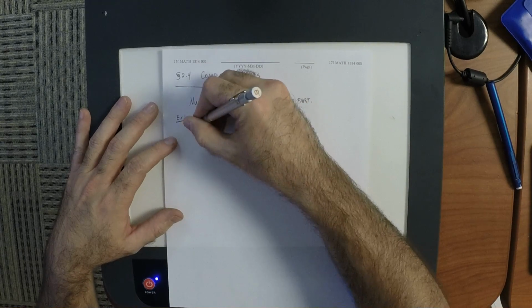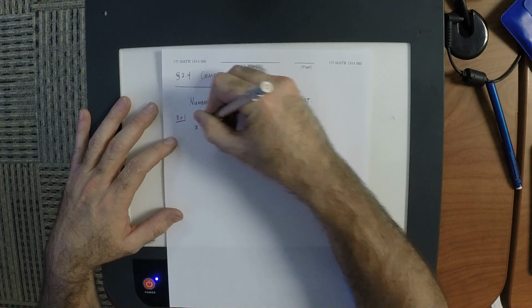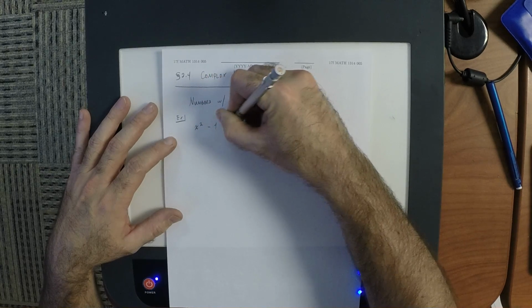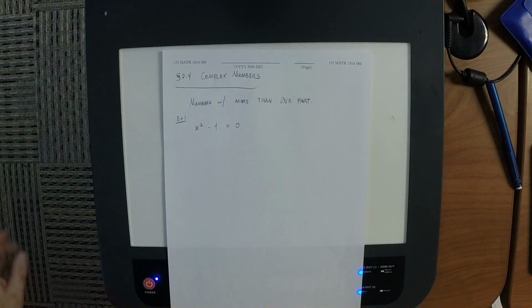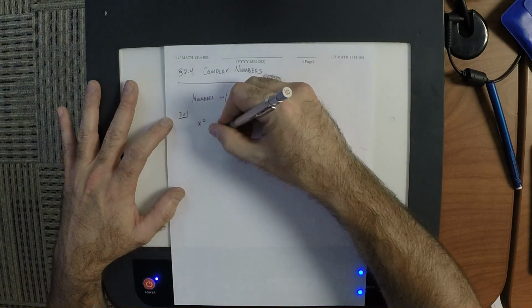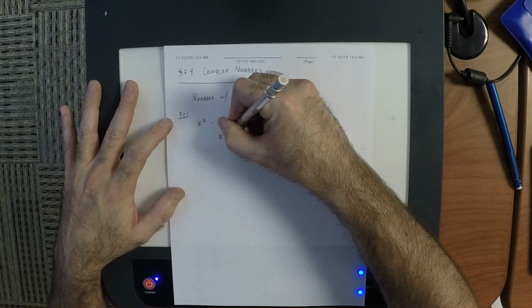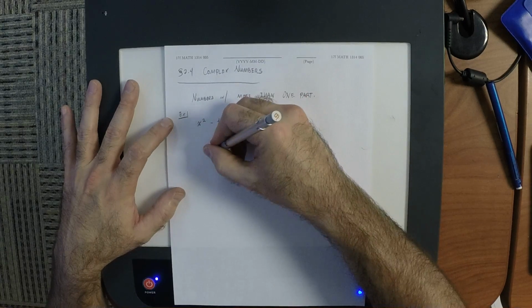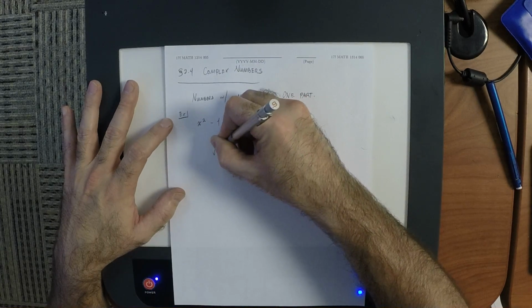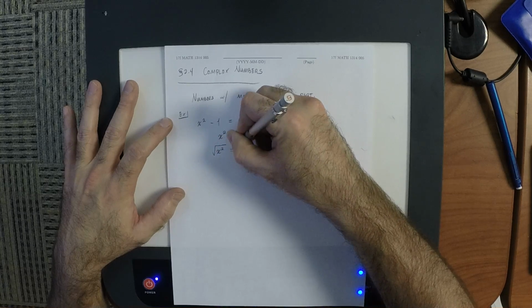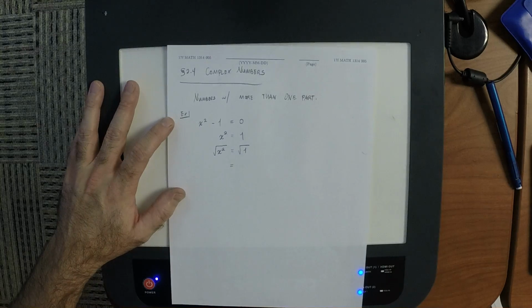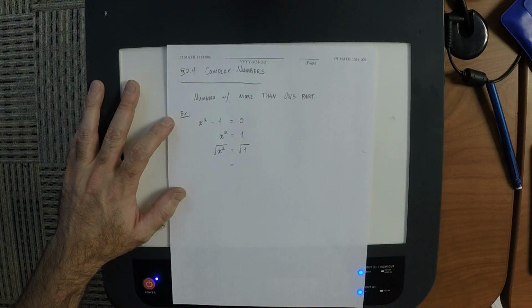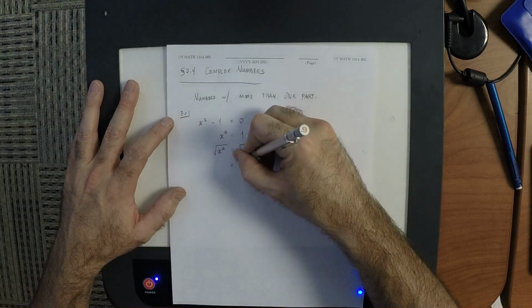Okay, so here's an equation. X squared minus 1 equal to 0. Nice equation there. I'm going to solve it with radicals. That is to say, I'm going to move the 1 to the other side. I'm going to compute radicals of both sides. Okay, so what is the square root of 1? 1. And what is the square root of x squared?